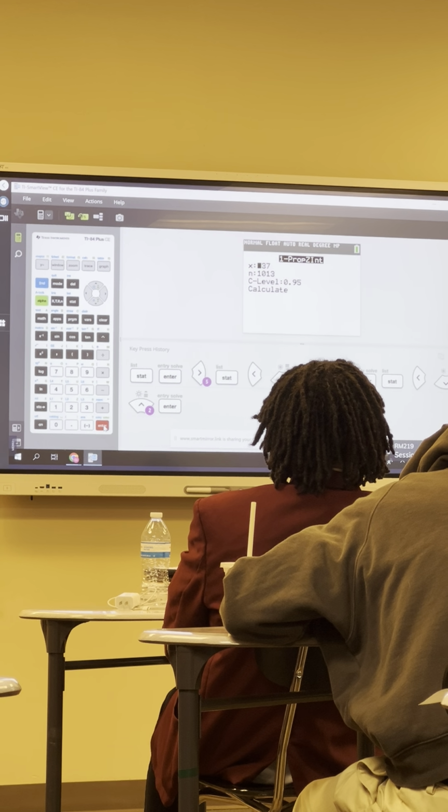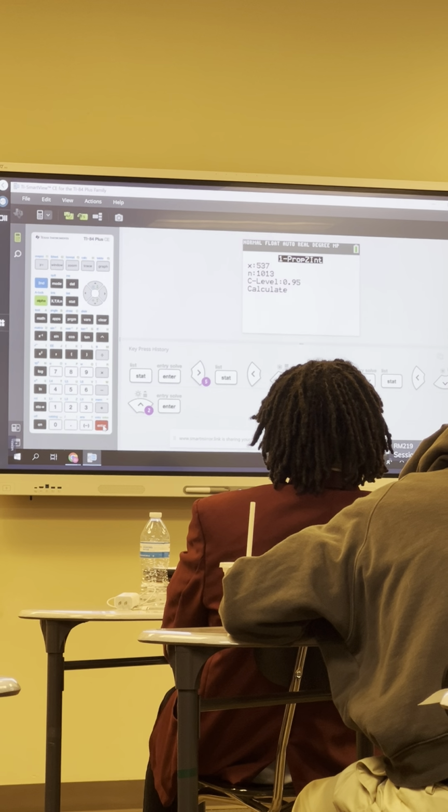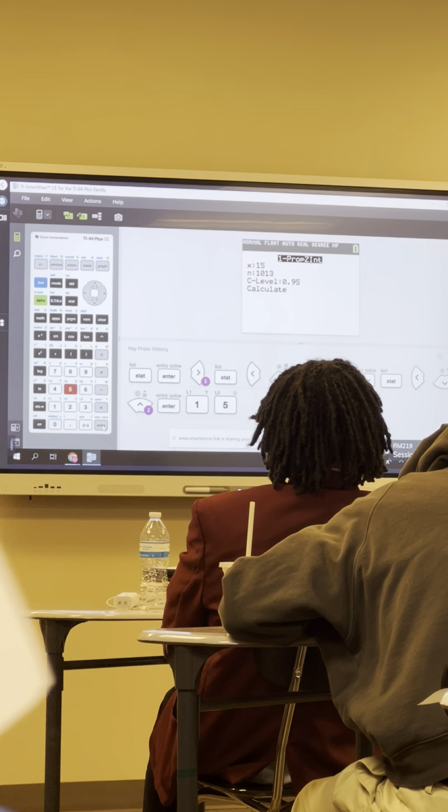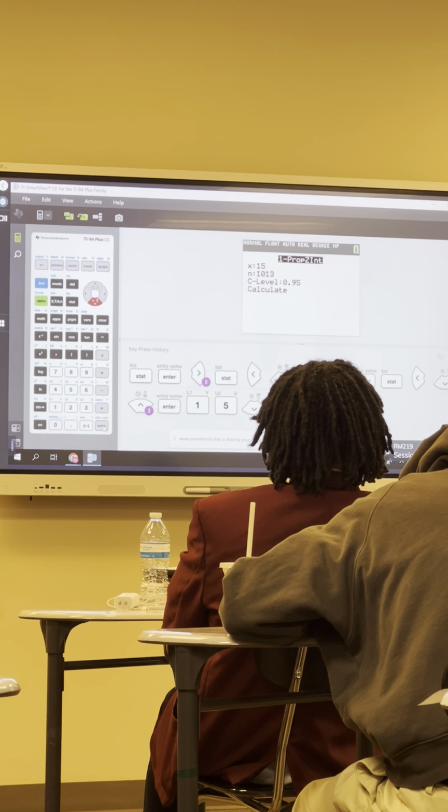One number should be on the X. We have N of 50, P is 0.3. Which number should be in the X? X over N is the 0.3, so you're gonna multiply 50 by 0.3. What is 50 times 0.3? You're looking at the chart at the bottom of your paper, everyone. You're plugging and chugging. So you're plugging in N is 50.